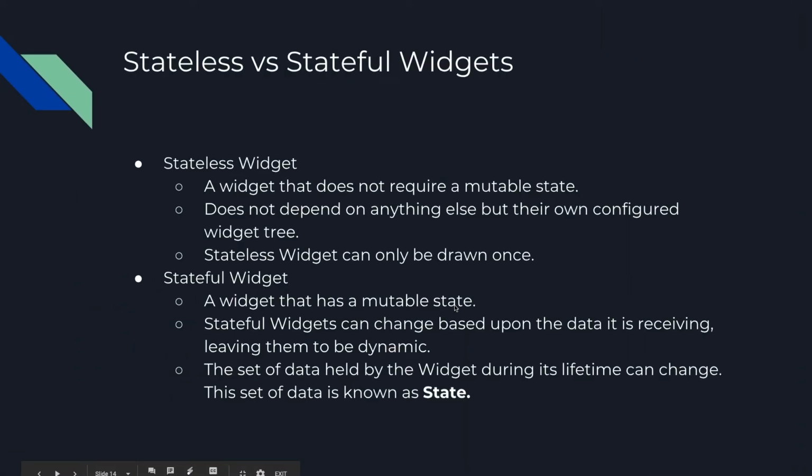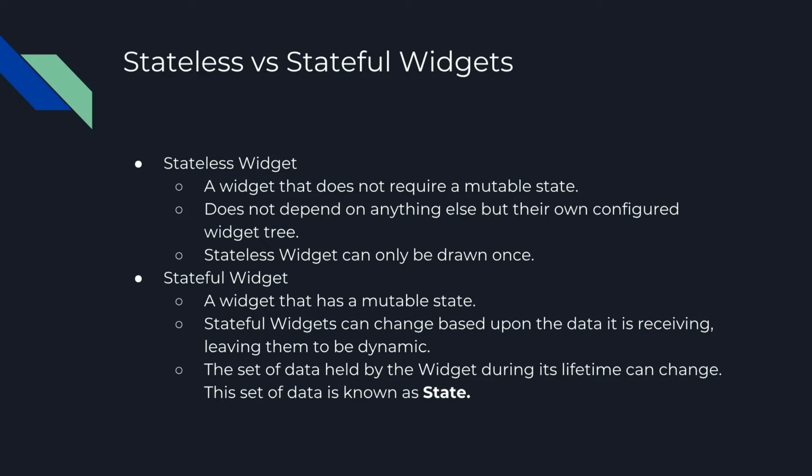Again, we briefly talked about this earlier, stateless, stateful. If you know the widget tree is not going to change within that widget you're building out, that's going to extend stateless widget, you stick with the stateless widget. But if you know that the state of the widget is going to change, you would extend the stateful widget.